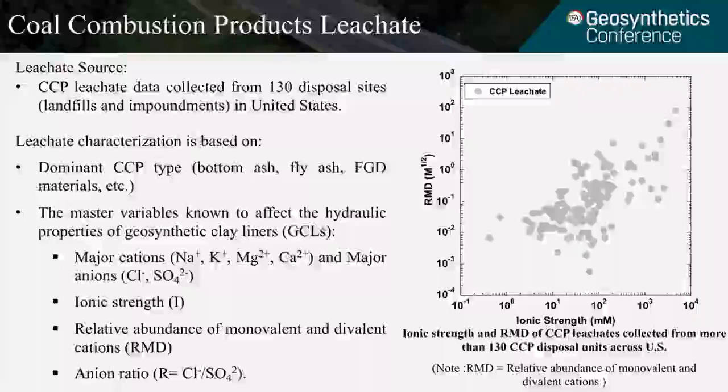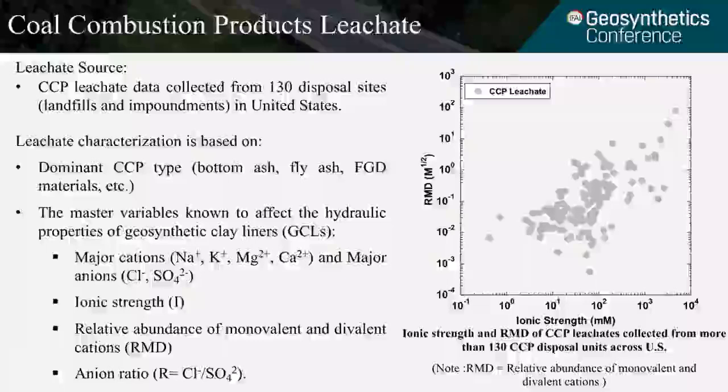The leachate was collected from more than 130 CCP disposal sites and compiled, and includes different types of ash, for example, bottom ash, fly ash, and FGD material. Based on the leachate data, we categorize the leachate based on the major cation and anion, as well as ionic strength, RMD, and anion ratio.